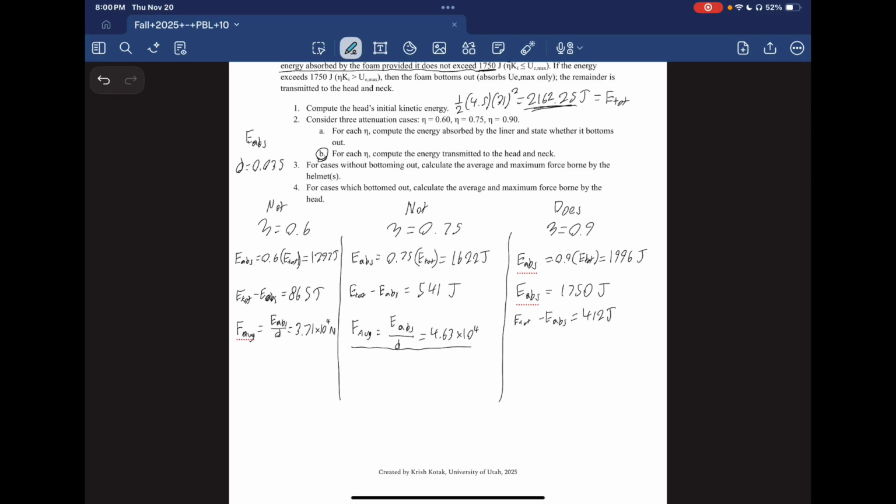But our average force we calculated here is the energy absorbed divided by distance, which is 4.63 times 10 to the fourth. And then the maximum force borne by both of the helmets, force max. Since up here we have our average force, the maximum force is just going to be 2 times the energy absorbed divided by the distance.